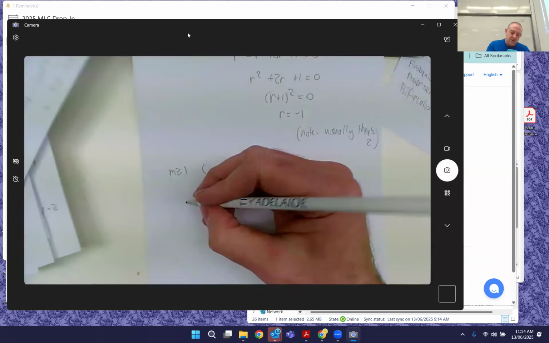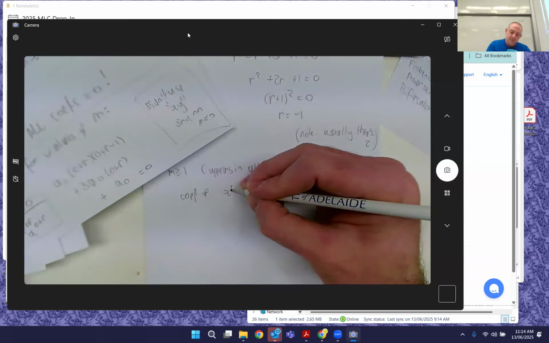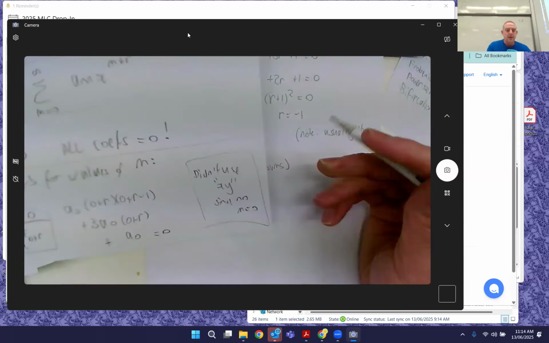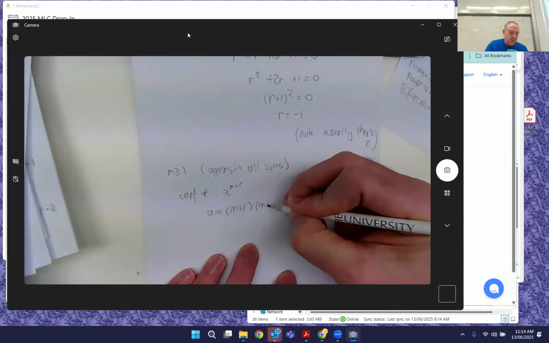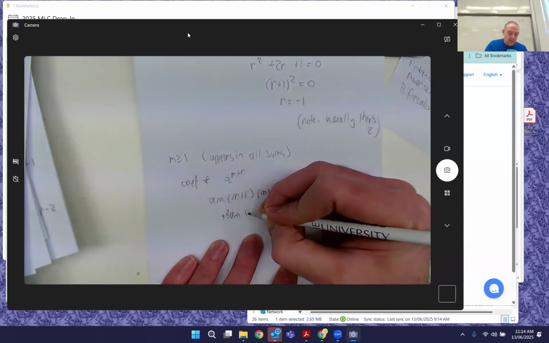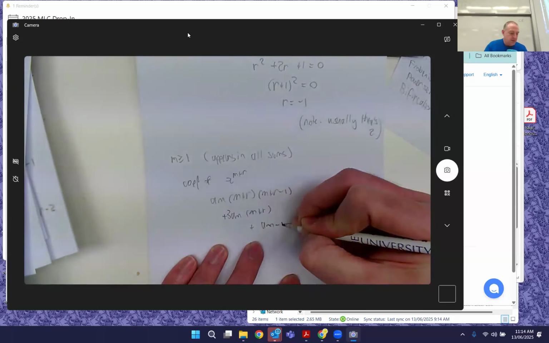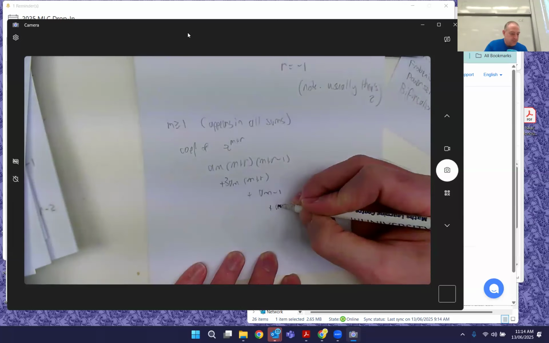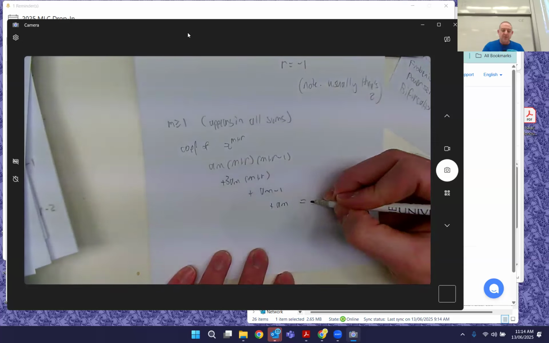And so the coefficient of x to the m plus r is m plus r minus 1 and 3a_m, m plus r and a_m minus 1 and a_m. Okay, and that is supposed to be 0.